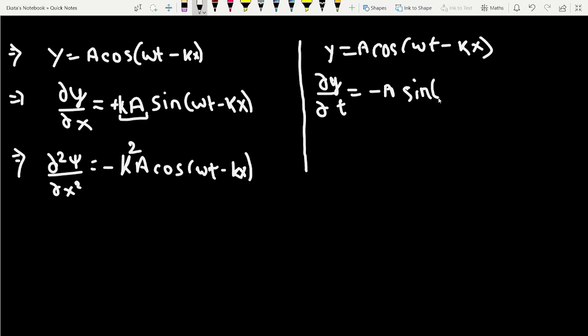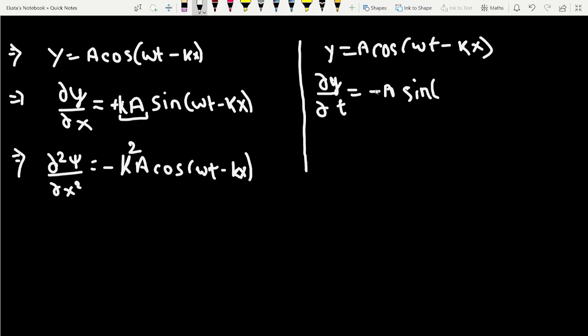Again, by the chain rule, we have to do the differentiation of this particular quantity with respect to t, such that kx will become 0. In the previous case, omega t became 0 because we were dealing with x, but in this case we are dealing with t, so kx will become 0, and omega t will become omega after differentiation.